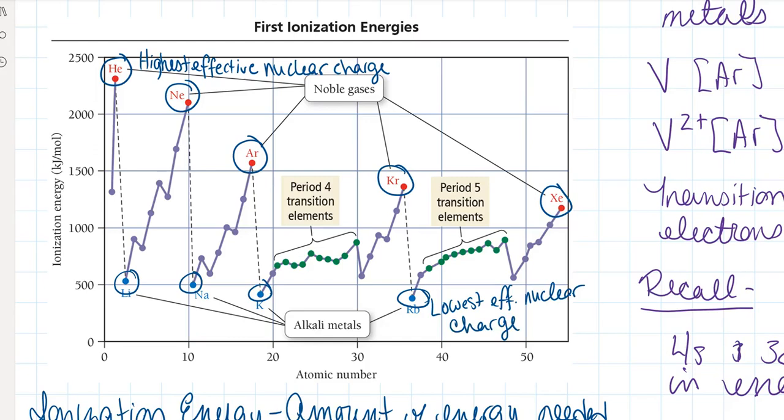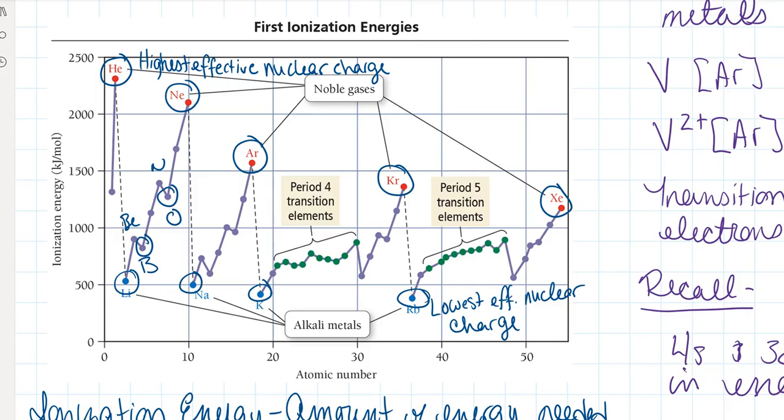Now you'll notice there are a couple interesting exceptions. Whenever we start to occupy the p orbitals, or whenever we start to have paired electrons, like in the p orbital set, for example, boron, carbon, nitrogen, oxygen will then have a little bit of a dip. And why is this? Well, when we take a look at the electron configuration, we'll use nitrogen and oxygen, for example.